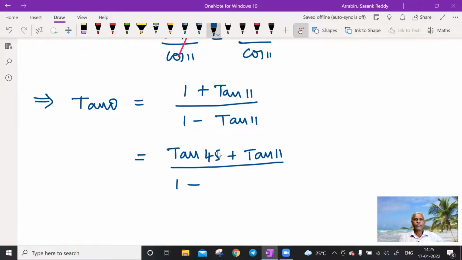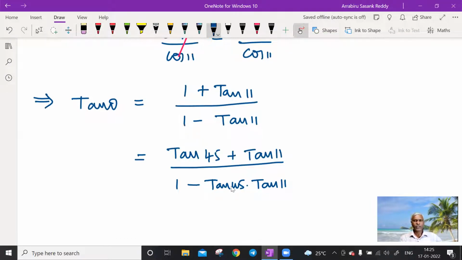So you can write this 1 into tan 11 is tan 11. I am writing 1 as tan 45 into tan 11. So tan A plus tan B by 1 minus tan A tan B. Tan 45 is 1, and 1 into anything is anything. So the second term in denominator, tan 11, I am writing as tan 45 into tan 11. Anyway, it is tan 11 only.